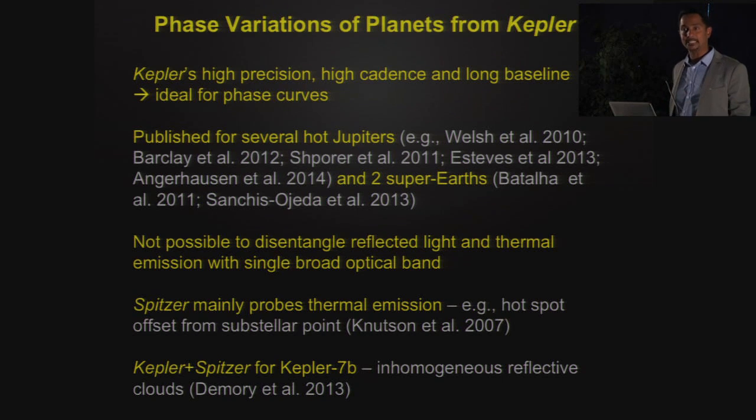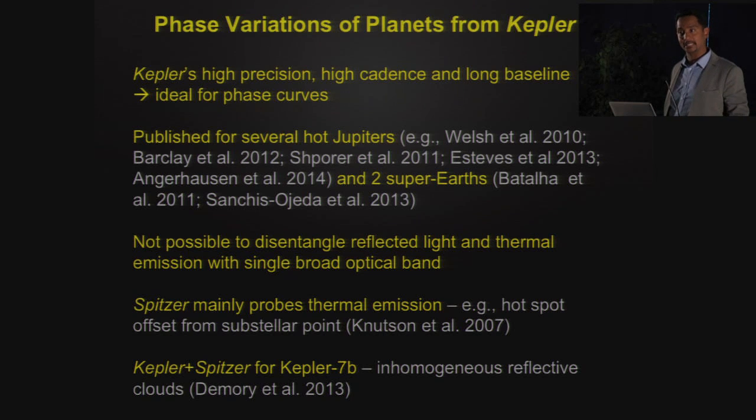On the other hand, Spitzer measurements, done over a number of years now, focus on measuring the thermal emission in particular. It's been possible to make direct measurements of day-night contrast, for example, and in some cases even identify offsets of thermal emission hotspots from the substellar point in some planets.